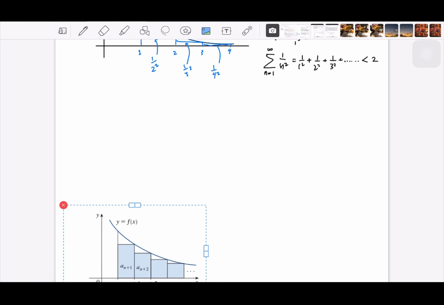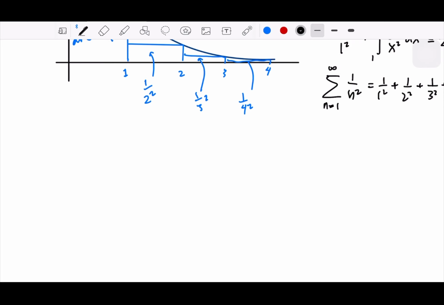this is a little bit later. Let me write some main points of the integral test. The first thing is we need to define the function.